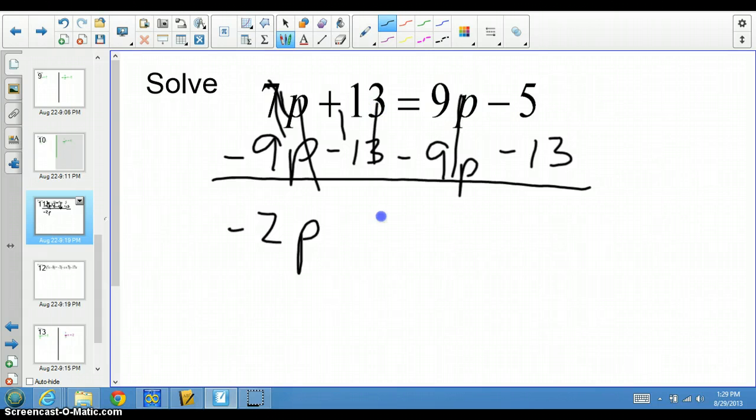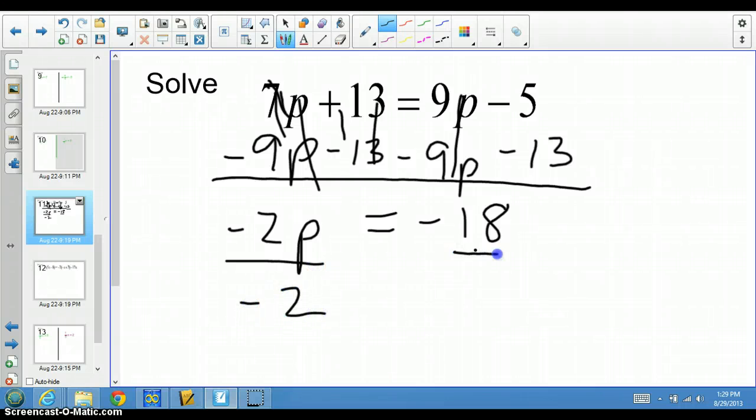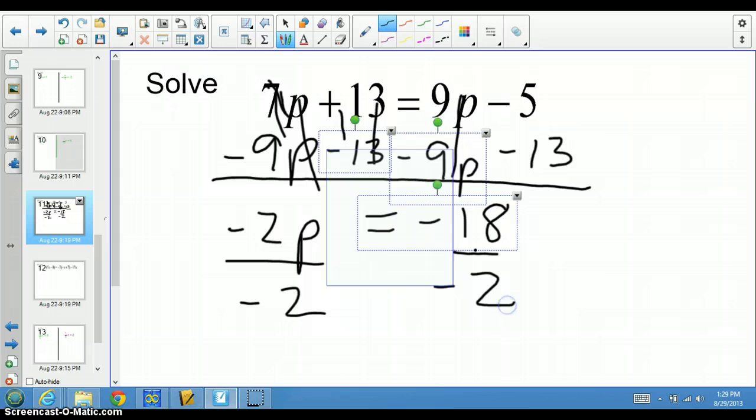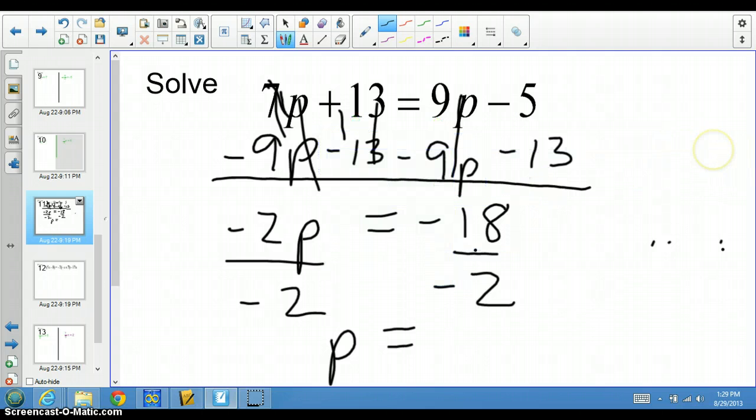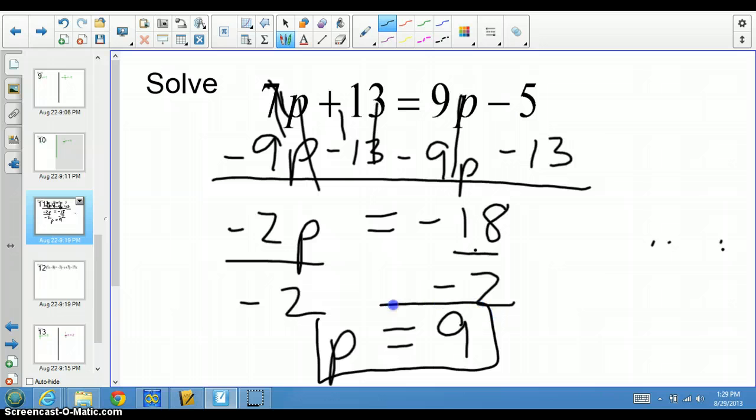So I have negative 5 minus 13 is negative 18. I'm just combining a couple steps. Okay. Now I can get p all by itself by dividing each side by negative 2. And I get p equals positive 9. Okay. So there's many ways, we could have moved the p's to the right side if we wanted.